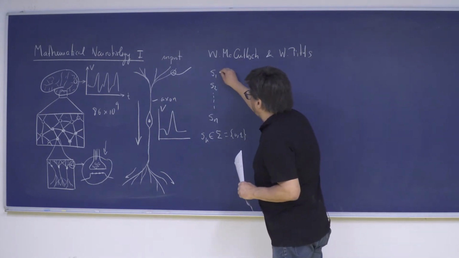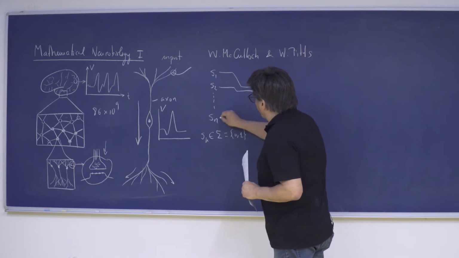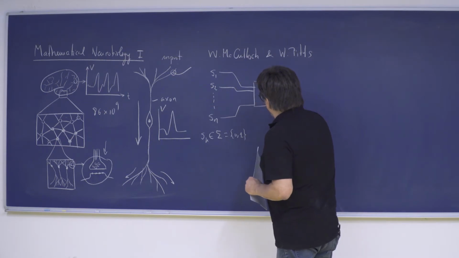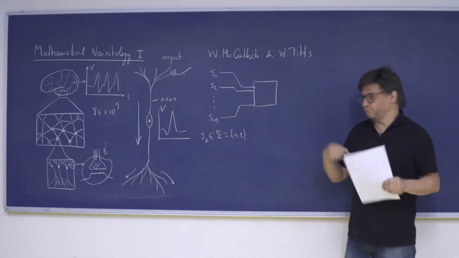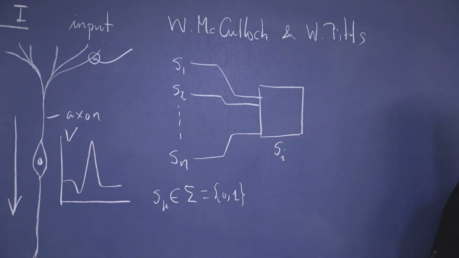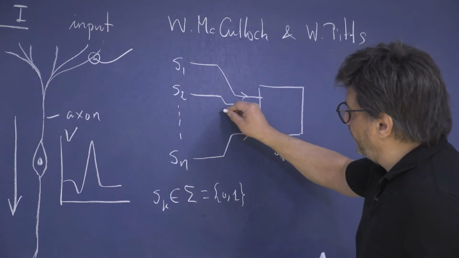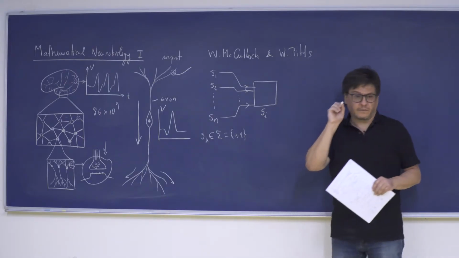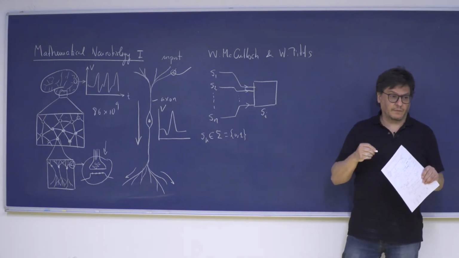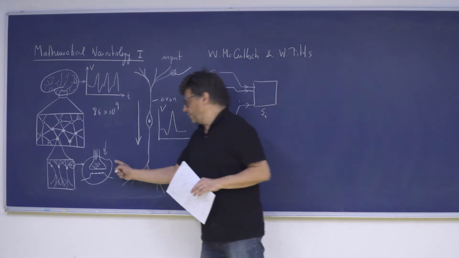Now imagine that I have all these neurons sending inputs to another neuron. Let's call it Si. In which way? Well, they are sending impulses with some weights, right? We are not stopping here about what controls the weights.